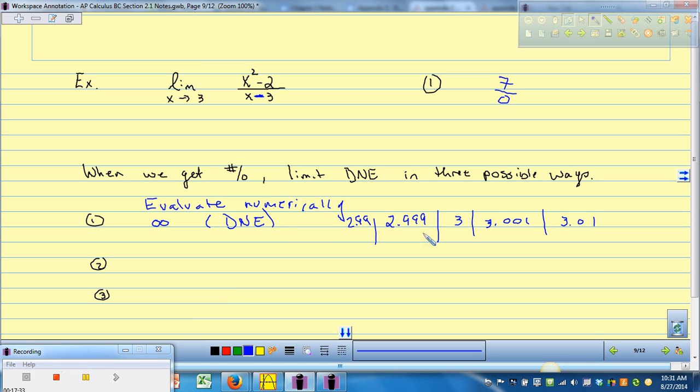Okay? The second thing that could happen is this side could be getting huge in the negative, and this side could be getting huge in the negative, so it would be approaching negative infinity, but that is still a does not exist situation. Or what could happen is this side is going to get huge positively, this side is going to get huge negatively, so we've got a situation like this going on, and the two limits are not going the same direction, we just simply say it does not exist.